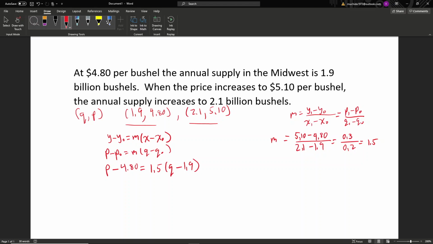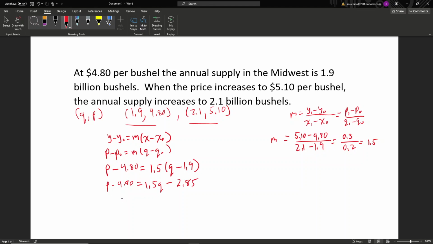Let's distribute that 1.5, so this will be p minus 4.80 equals 1.5q, and then minus, let me get my calculator, 1.9 times 1.5, so that'll be minus 2.85.